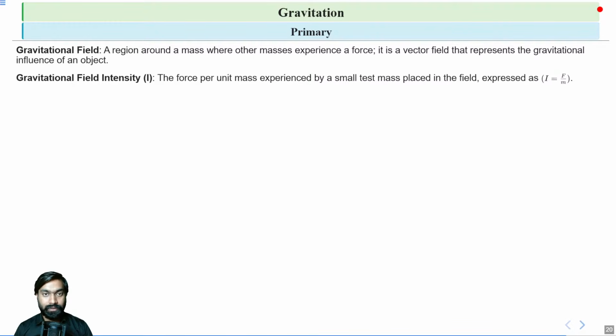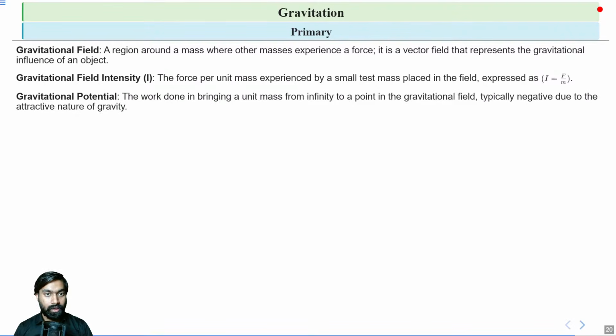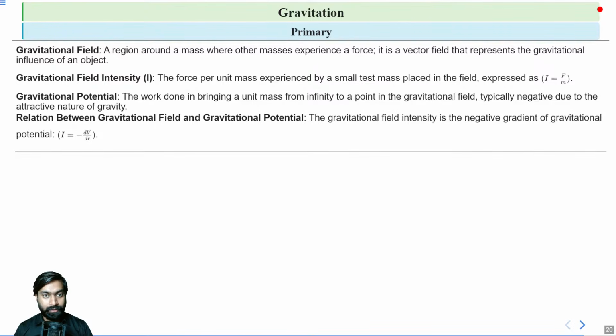Then gravitational field intensity I, the force per unit mass experienced by a small test mass placed in the field, so I equal to F by m. Then gravitational potential, the work done in bringing a unit mass from infinity to a point in the gravitational field, typically negative due to the attractive nature of gravity. Then the relation between gravitational field and gravitational potential, that is I equal to minus dV upon dr.